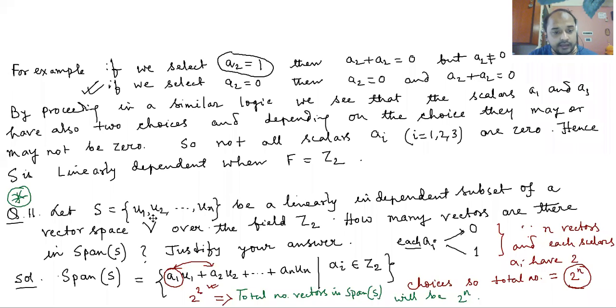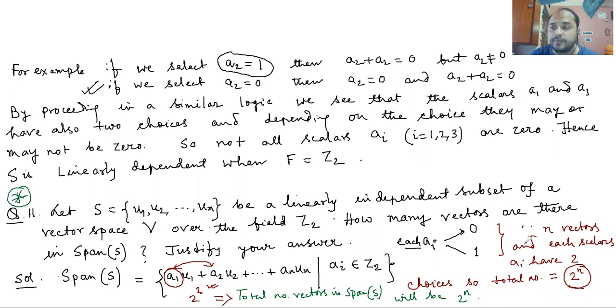Now if we consider the linear combinations in this manner, these scalar quantities have to be chosen from the field on which this V is a vector space, and according to the given question, the field considered here is Z2.